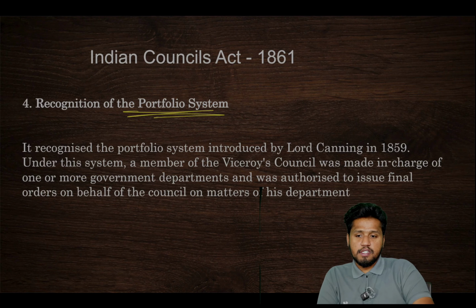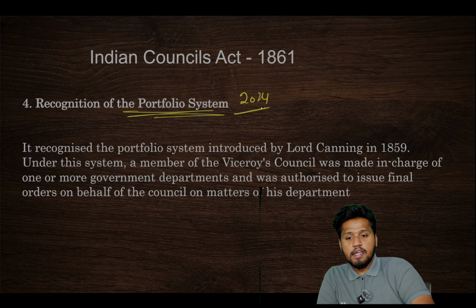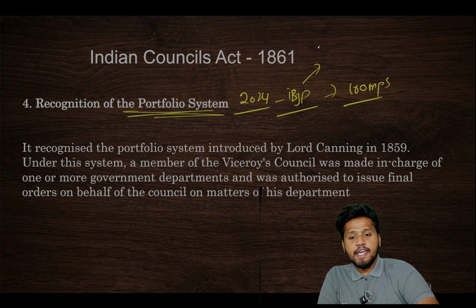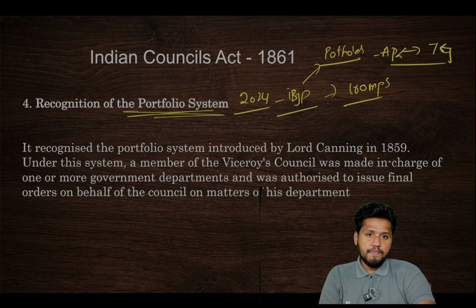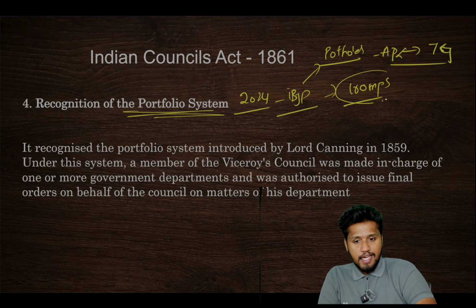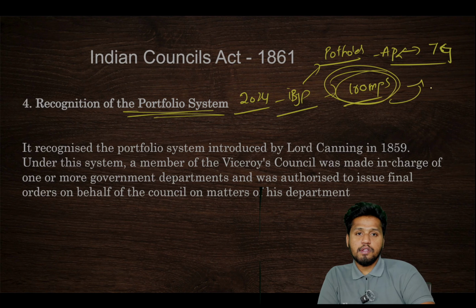Recognition of the portfolio system. To understand it in a simple way, let's take a modern example. In the year 2024, BJP won the elections and they had more than 100 MPs with them. If India is facing the problem of potholes on the road between the stretch of Andhra Pradesh and Telangana, who could solve this problem? It was not these 100 MPs who are involved in solving that problem.